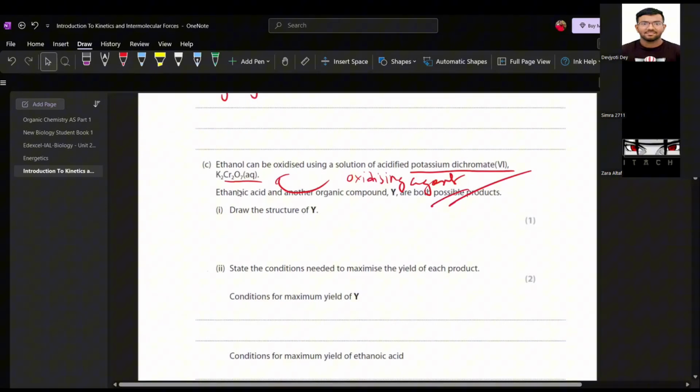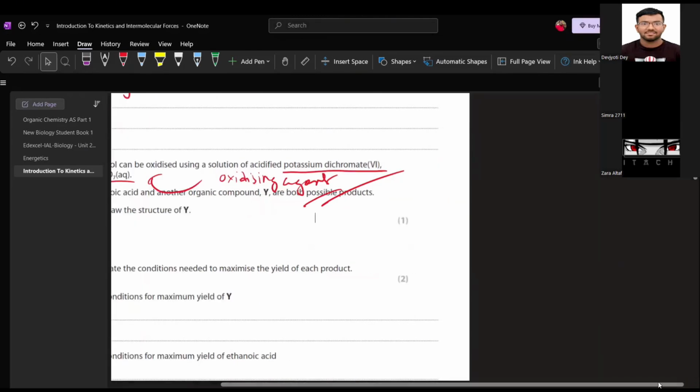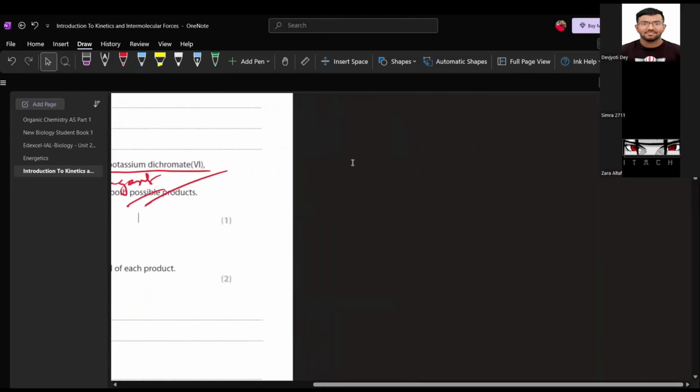If we oxidize, ethanoic acid and another product is produced. Can anybody tell me what the other product is? That is basically structure Y. Since both of you did organic chemistry, look.